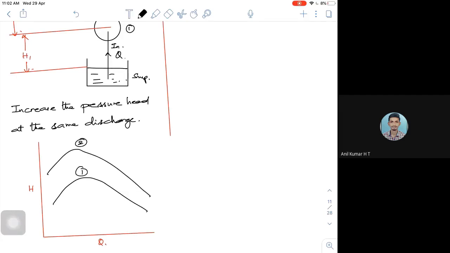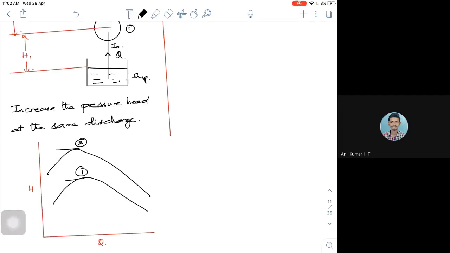So I am going to get the higher head. The head developed by the first pump is this much, and then the head developed by the second pump. That means the output from the first pump is taken as an input to the second pump, and the head keeps on increasing. This is about pumps in series.